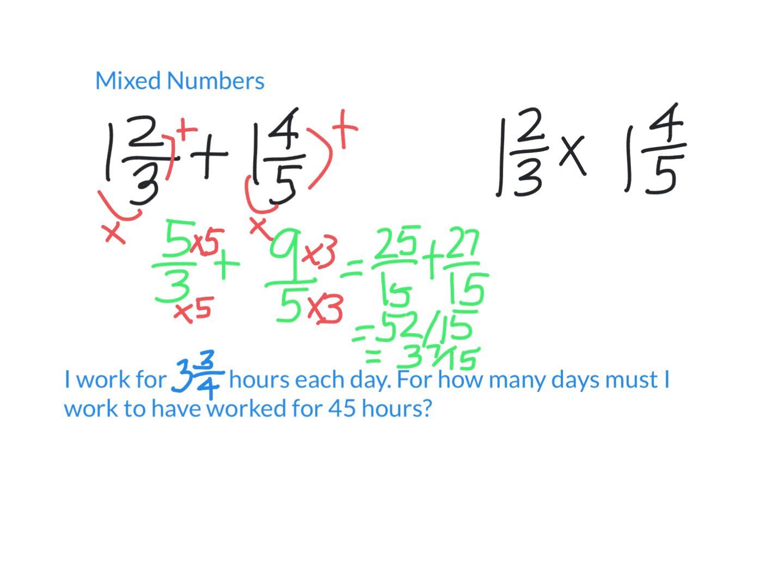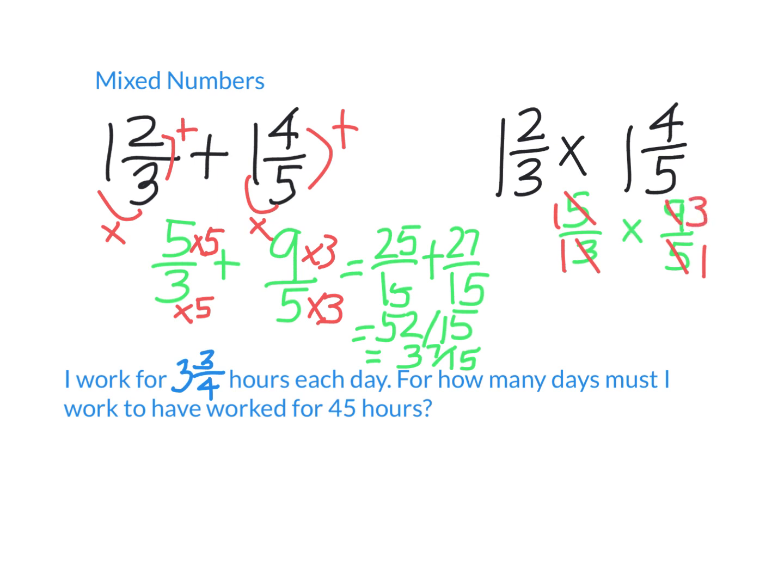All right, let's look at this one now. So now I am multiplying them. Well, I still convert them to improper fractions, but I already did that when I did the previous question. So remember, when you are multiplying fractions, and only when you're multiplying, you can cancel. 5 divided by 5 is 1. 3 goes into itself once and goes into 9 3 times.